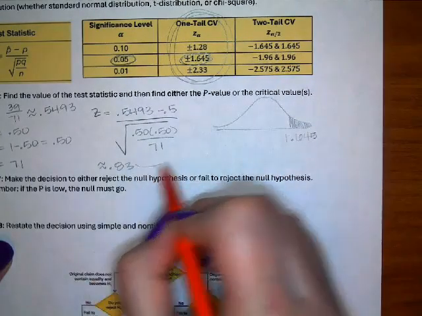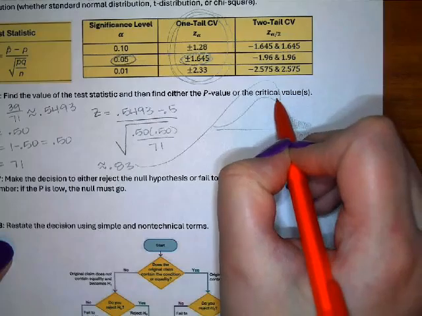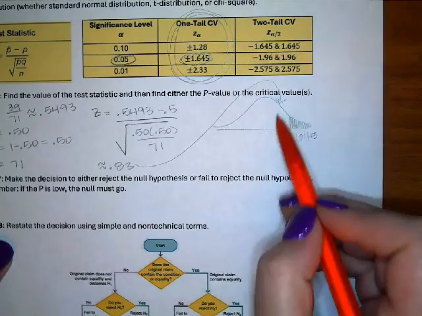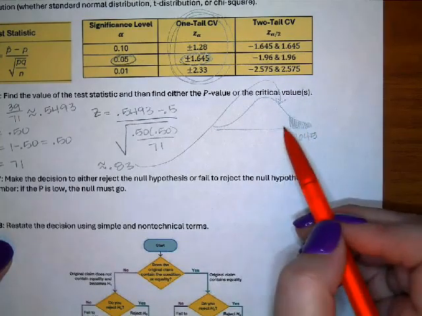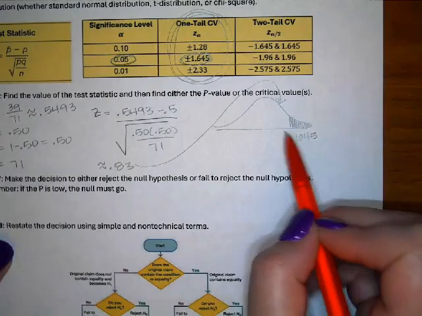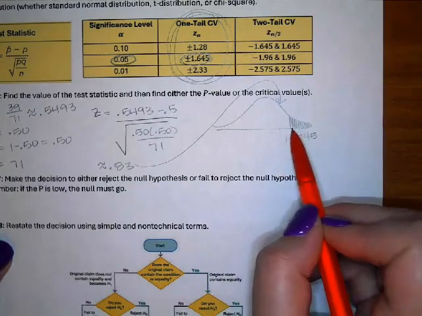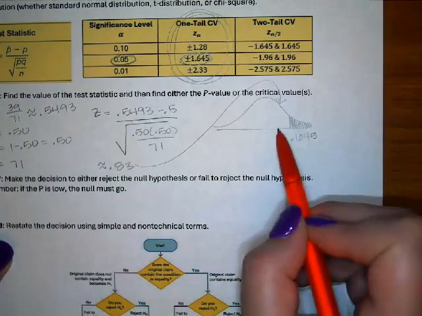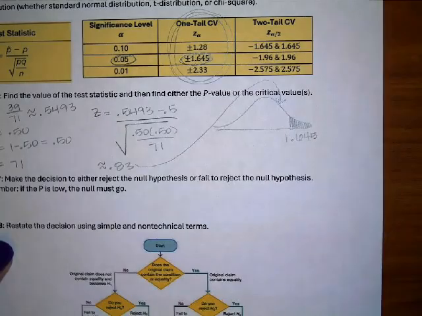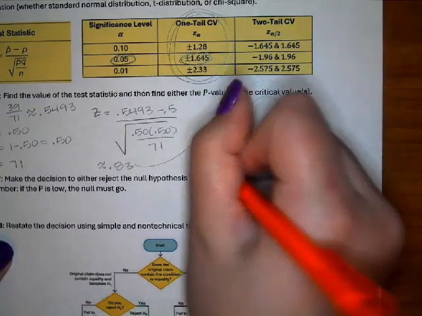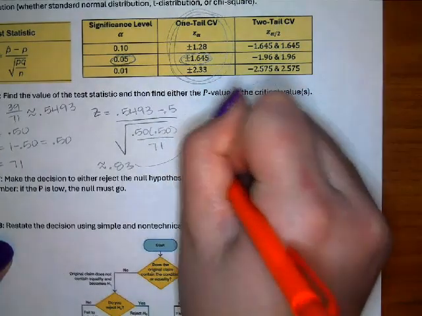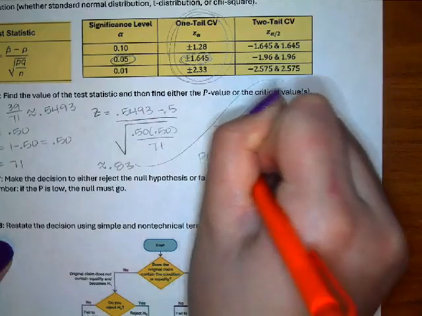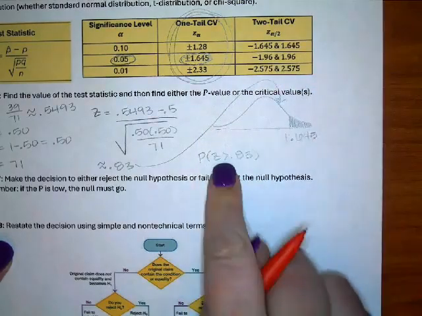So I'm going to fail to reject the null hypothesis because 0.83 is less than 1.645. It's somewhere over here. Okay, to find my p-value, I'm going to find the probability that z is greater than 0.83, kind of like the probability that z is in that rejection zone.